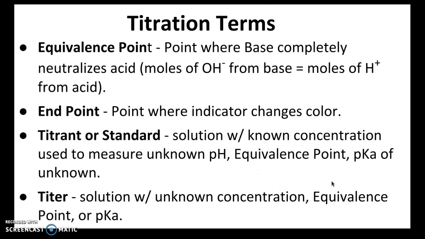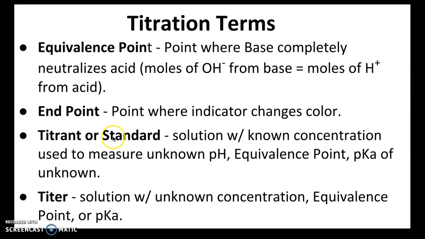All right, here are some terms you need to know. There's something called an equivalence point. That's a point where the base completely neutralizes the acid, and you'll see that more when we get into equilibrium. For the titration we're doing now, we're going to focus on the endpoint, where the indicator changes color, and that tells us where we need to stop adding the NaOH.